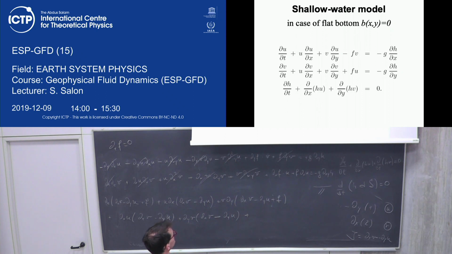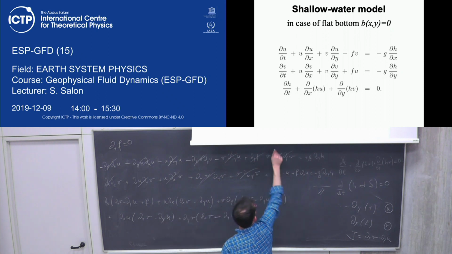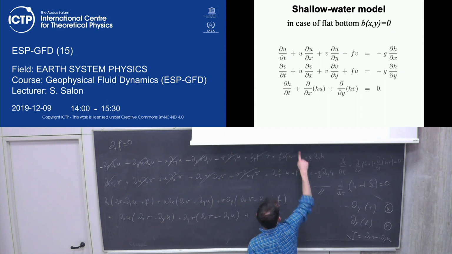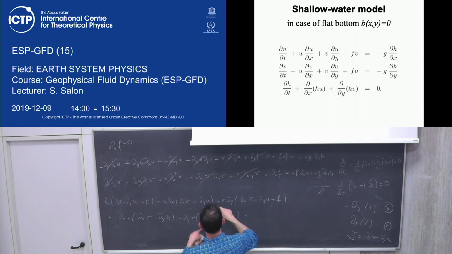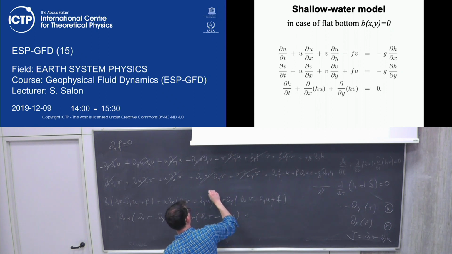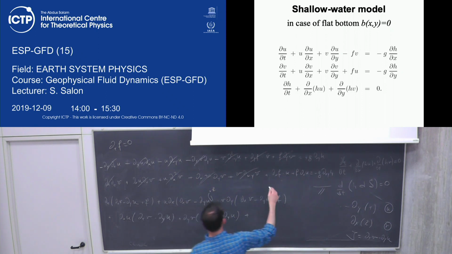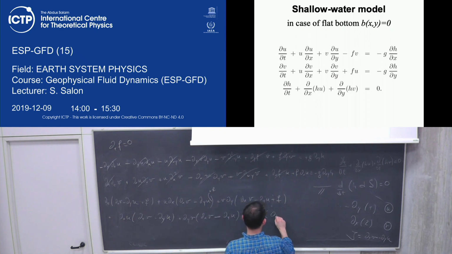And also this one, not this one. And then this one, in the second expression. Here. Yes. And then I have f dxu, yes, plus the yv.